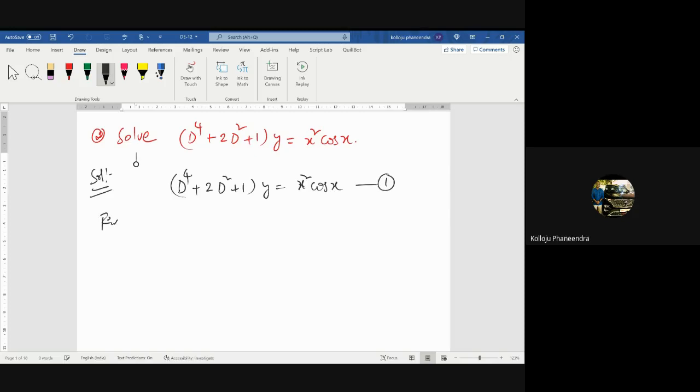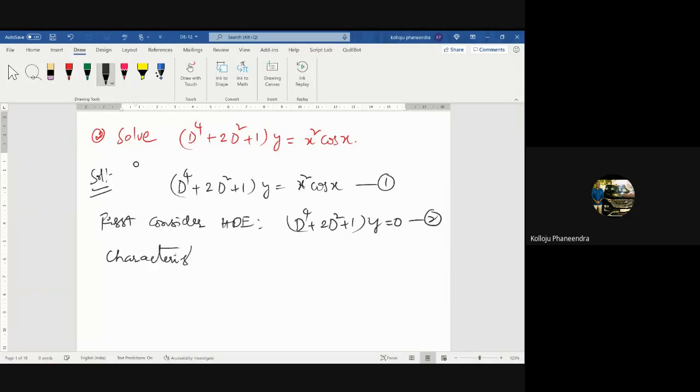First consider the homogeneous differential equation (D^4 + 2D^2 + 1) y = 0, equation 2. What is the characteristic or auxiliary equation?